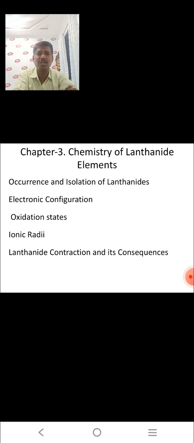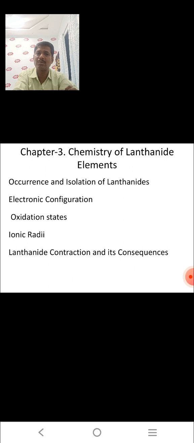What is their outermost electronic configuration? Why are the f-block elements known as inner transition series elements? After that, the oxidation states of the lanthanide series elements. What are their oxidation states? What are their common oxidation states?